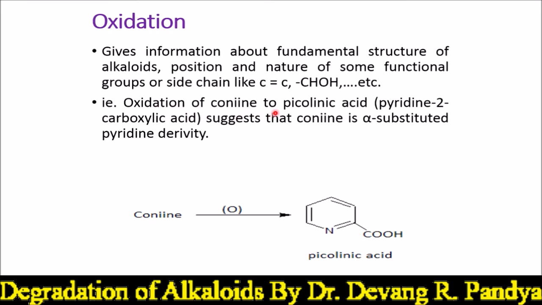Oxidation of cocaine to picolinic acid, that is pyridine 2 carboxylic acid, suggests that cocaine is an alpha substituted pyridine derivative. So we have cocaine as an alkaloid. On performing oxidation, we're going to get this picolinic acid. That suggests that it is an alpha substituted pyridine derivative, and that is how we can get more information of the complex structure of alkaloid.